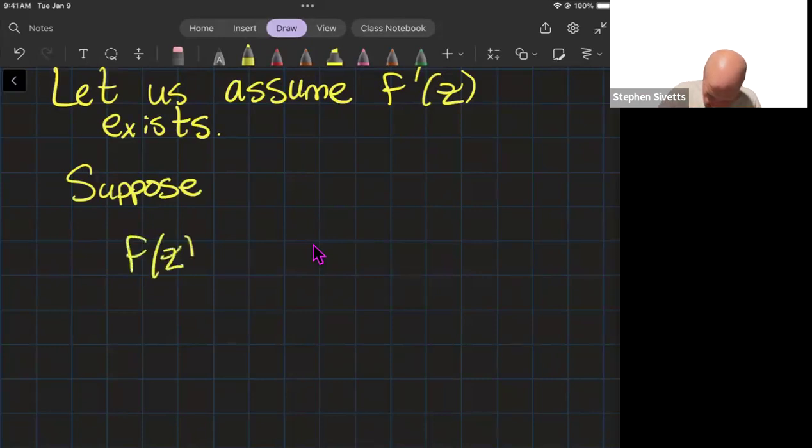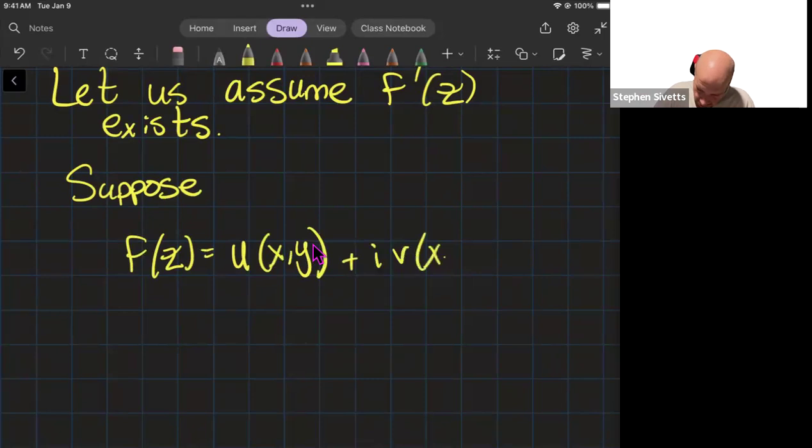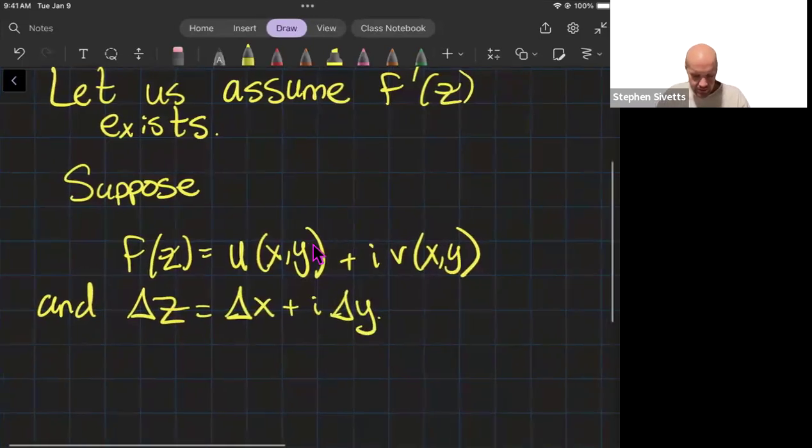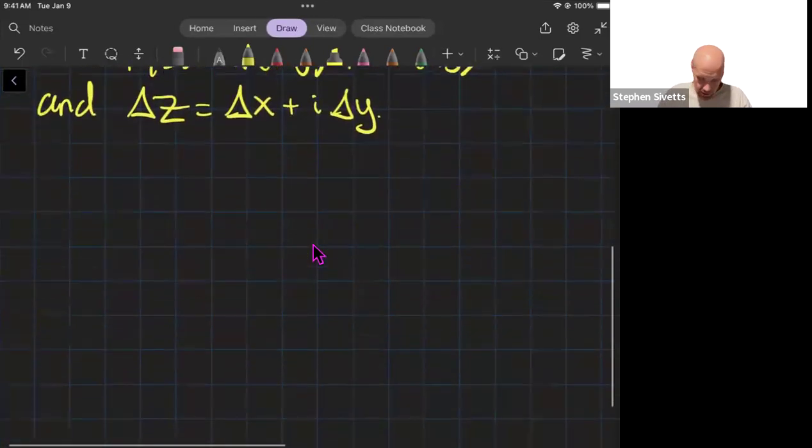So if we suppose that f of z is equal to the real component, which is a function of x and y, plus the imaginary component, which is also another function of x and y. Okay, so let's suppose we have that. And delta z is equal to delta x plus i times delta y, right?